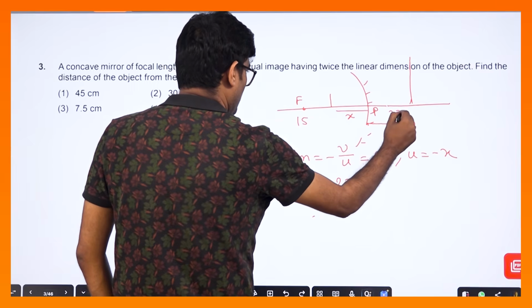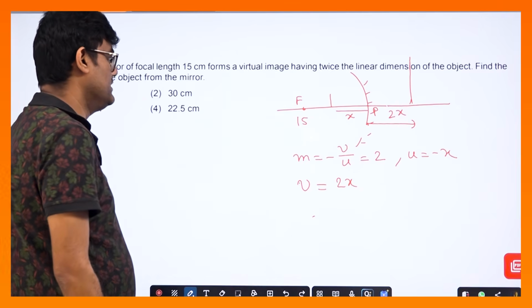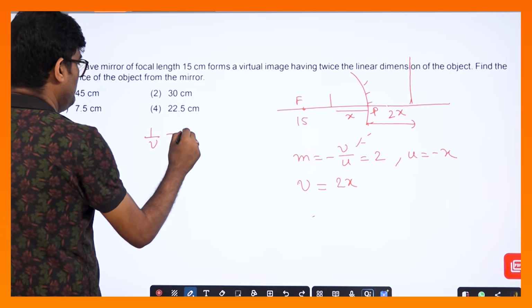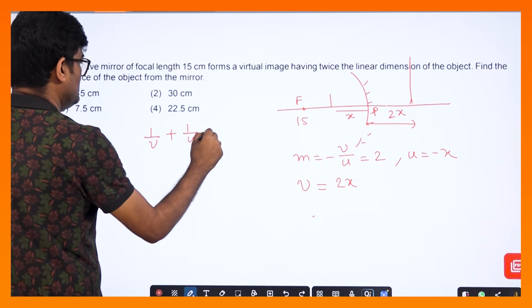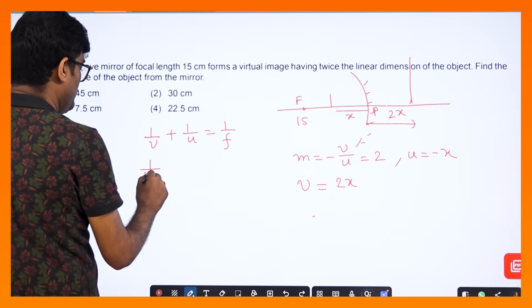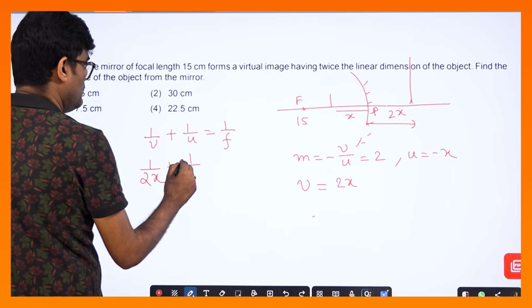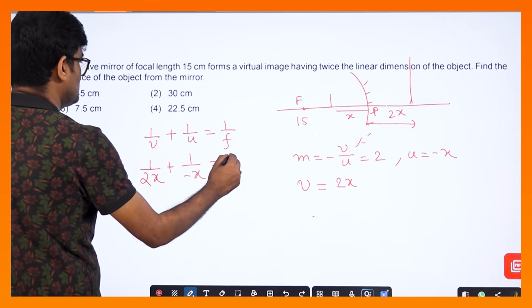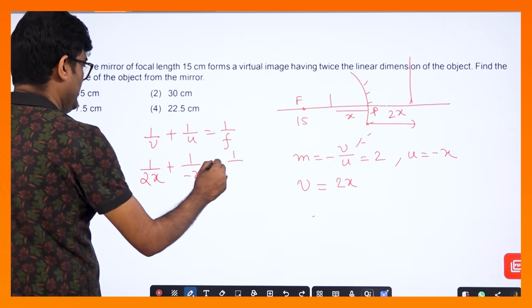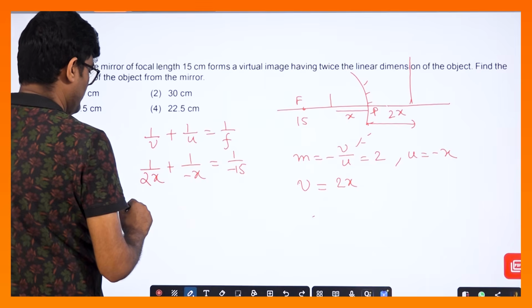Yes, now it is correct. v equal to plus 2x and u equal to minus x. We can use the formula 1 by v plus 1 by u is 1 by f. Instead of v, I can write 1 by 2x plus 1 by u, it is minus x, equals 1 by f. Focal length for a concave mirror is negative. It is minus 15, right?